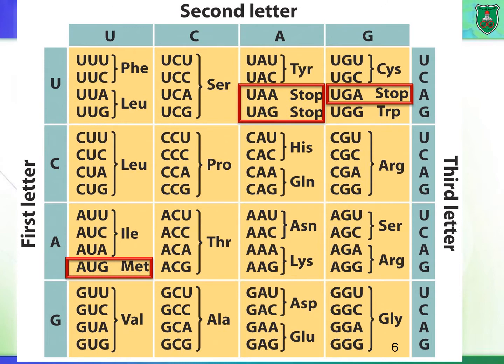Why is that important? Because usually translation starts at AUG. Okay, so the messenger RNA at the 5' end, the first codon that is read by ribosomes is AUG, which goes for methionine. So in many proteins, the first amino acid is actually a methionine.